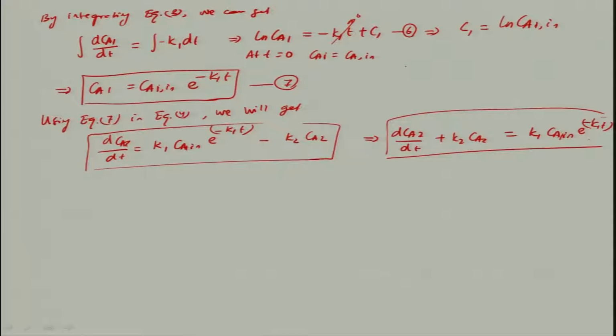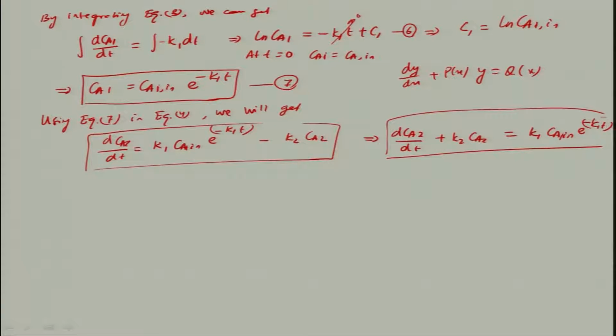If you look at dy by dx plus P(x) y is equal to Q(x) form, this is the first order inhomogeneous ODE.